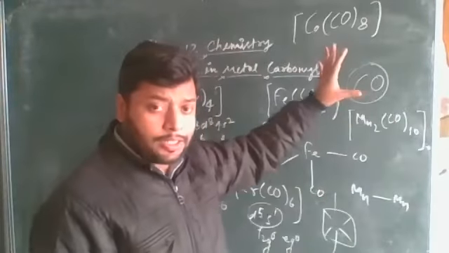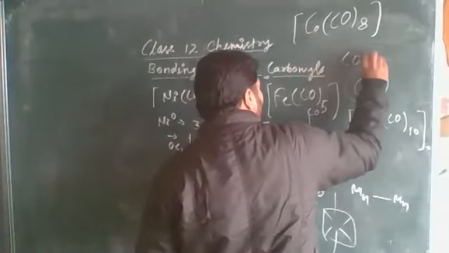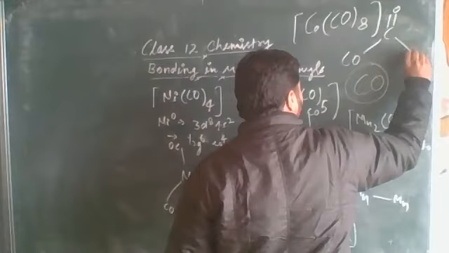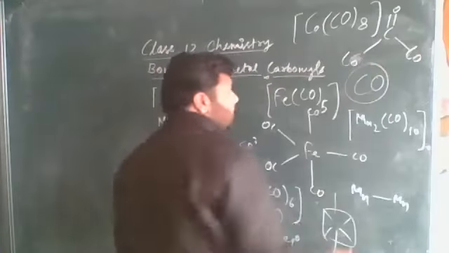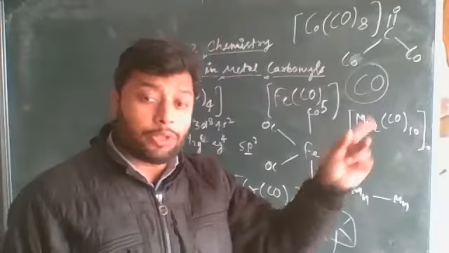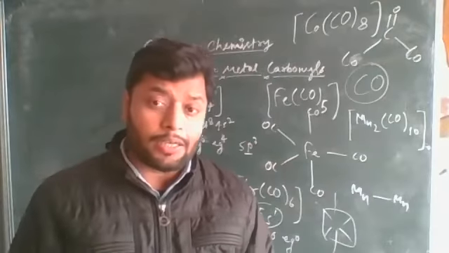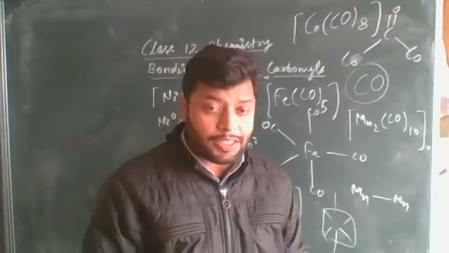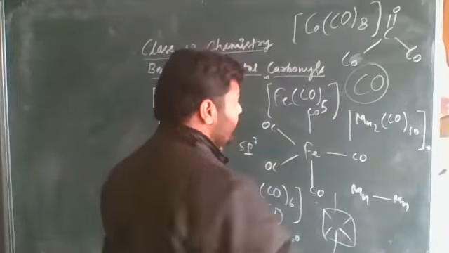That's why in this condition, this carbon monoxide will coordinate with both the cobalt atoms together simultaneously. You can see the same structure in the book also. The two bridging carbon monoxide indicate the possibility of two different coordination modes of the same carbon monoxide.